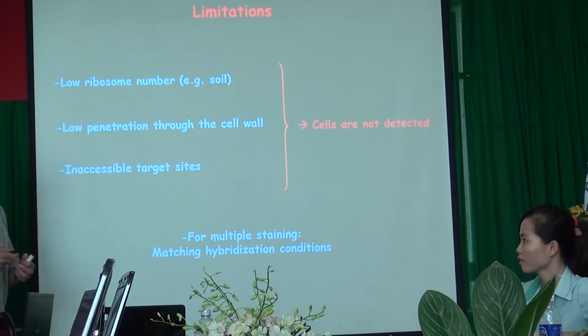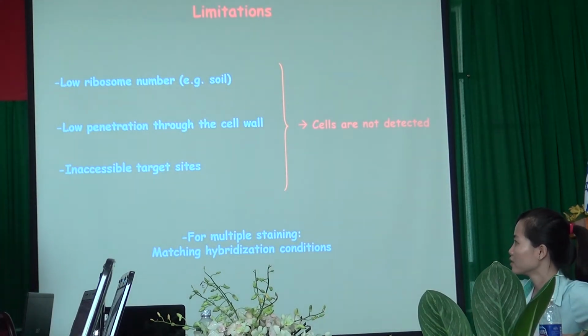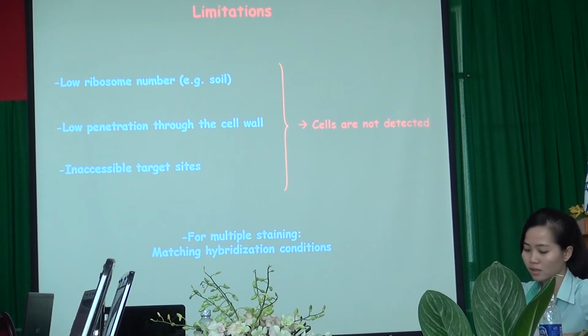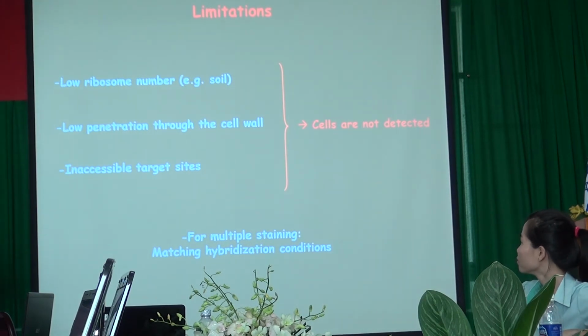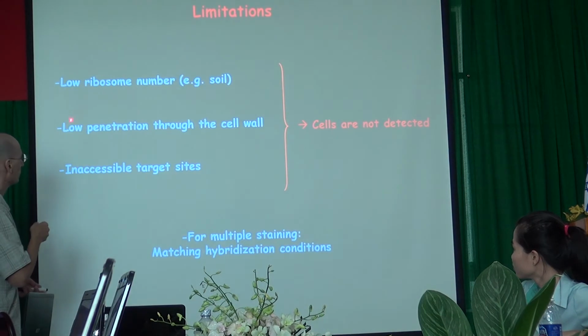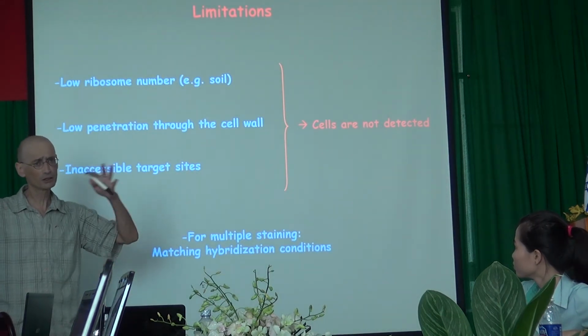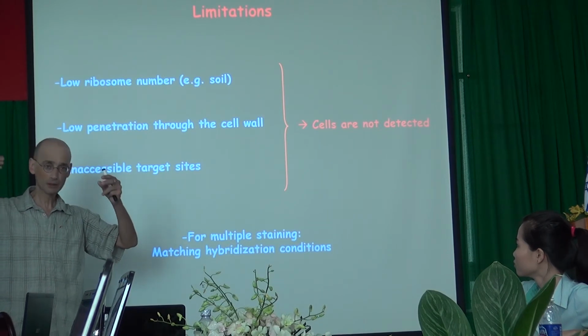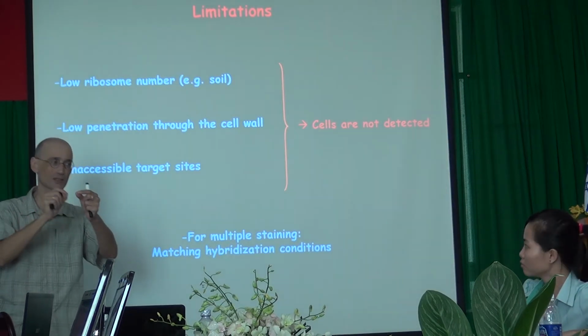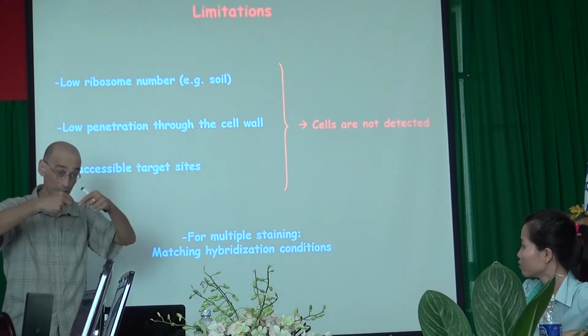Of course, there always are limitations to what you can do. The limitation, the first one I mentioned was the low ribosome number. Now it's possible to overcome that, but it's quite complex. The second one is the low penetration to the cell wall. So you have some bacteria which have very tough cell walls. Sometimes it is very difficult to make holes in the cell wall to make the probe come in.